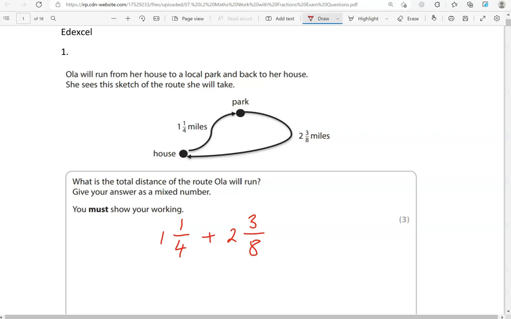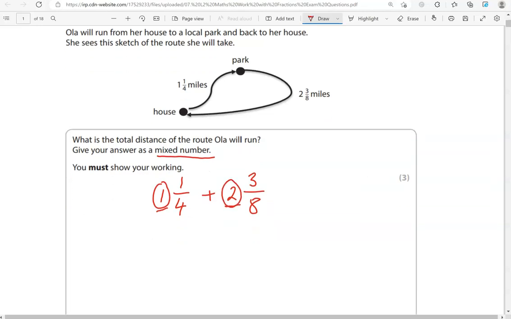We've got to give our answer as a mixed number, so whole number and then fraction. So I'm going to leave these two whole numbers out for now, because we can easily just add them. 1 and 2 gives us 3. So we can do that right at the end. But for now, I'm going to add 1/4 and 3/8.